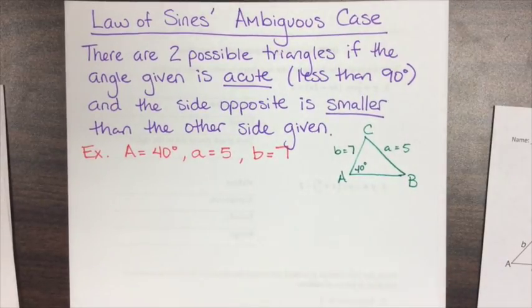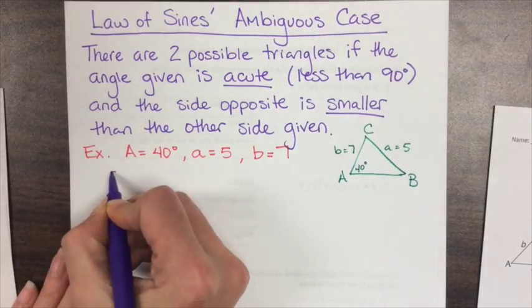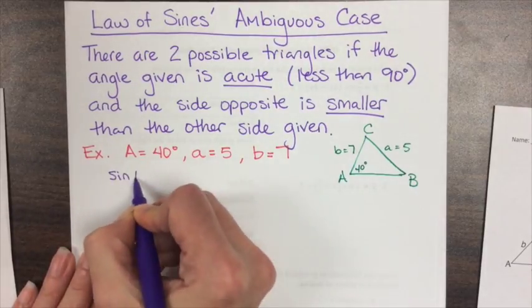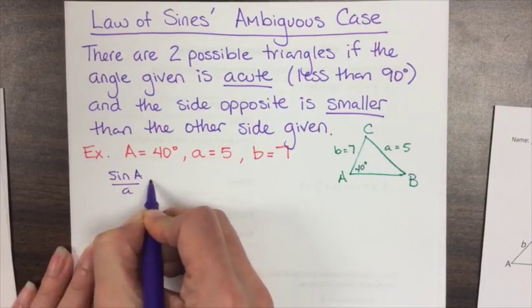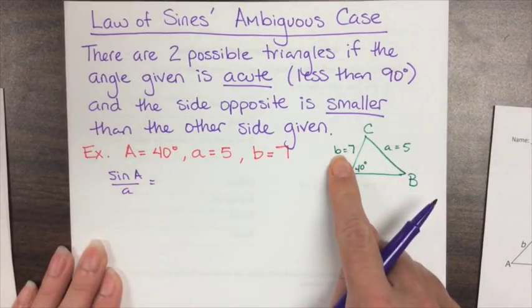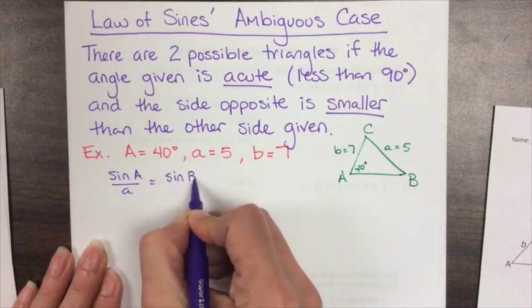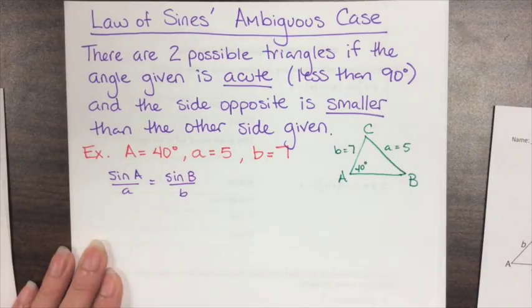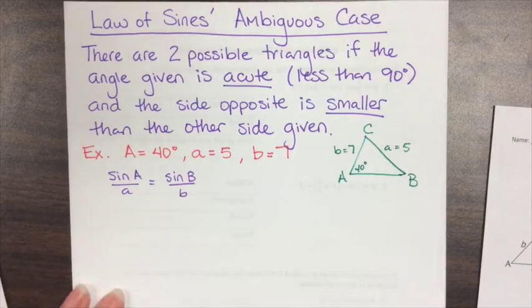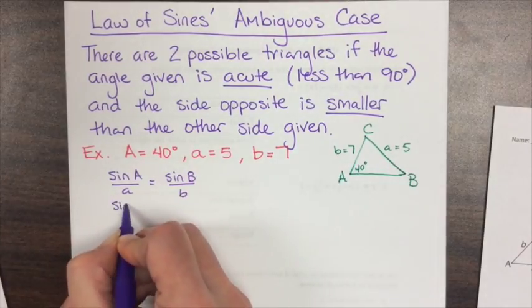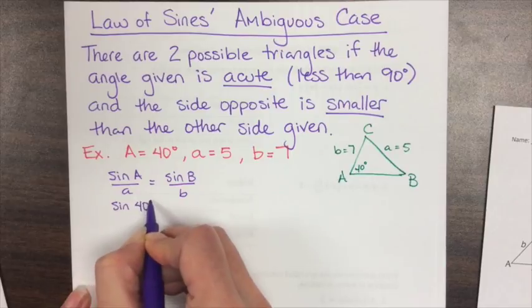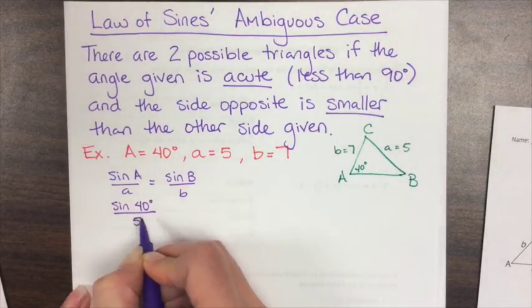We start off the same way we did before, and we set up our ratio. We're going to use sine of A over little a equals, and notice we're given something with B, so let's use B with it, sine of B over little b. Let's plug in what we know. Angle A is 40 degrees, and side a is 5.